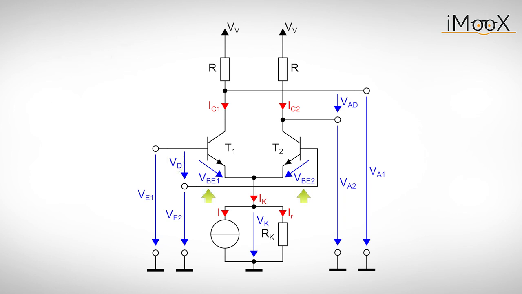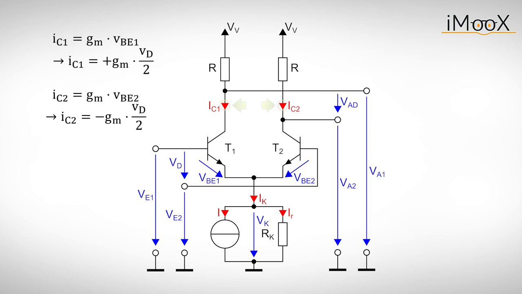With the base emitter voltages, we can calculate the corresponding collector currents via the transconductance Gm. These currents generate a voltage drop at the resistors connected to the collectors, which in turn changes the output voltages. These are the output voltages if the differential amplifier utilizes one output only.